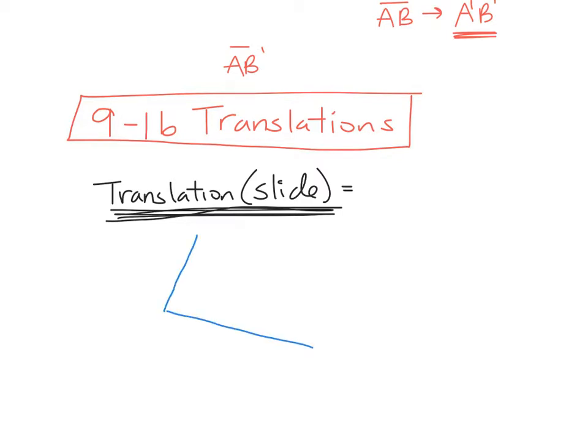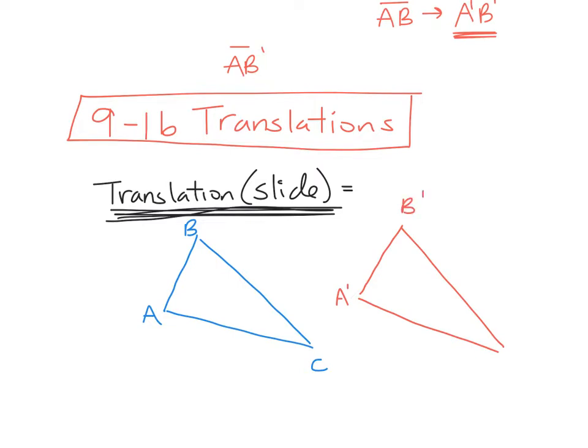And if you are uncertain of something, let me know. So let's say this is triangle ABC, and then we have triangle A prime, B prime, C prime.